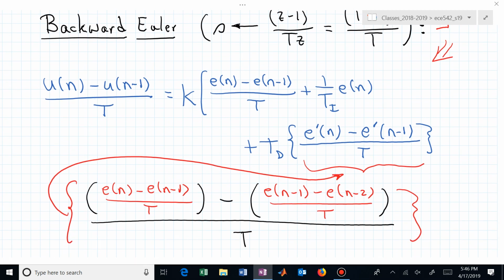The red curly bracket is now going to be replaced with all of this mess in the last line on the screen. All we're doing is approximating E prime of n, and then approximating E prime of n minus 1, and now you can see that we have the current error, the error one time period before, and the error two time periods before. That arises out of this second derivative operation.